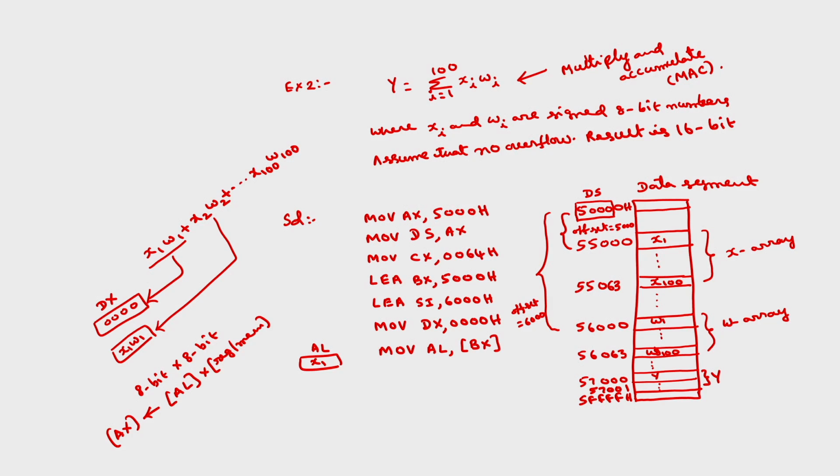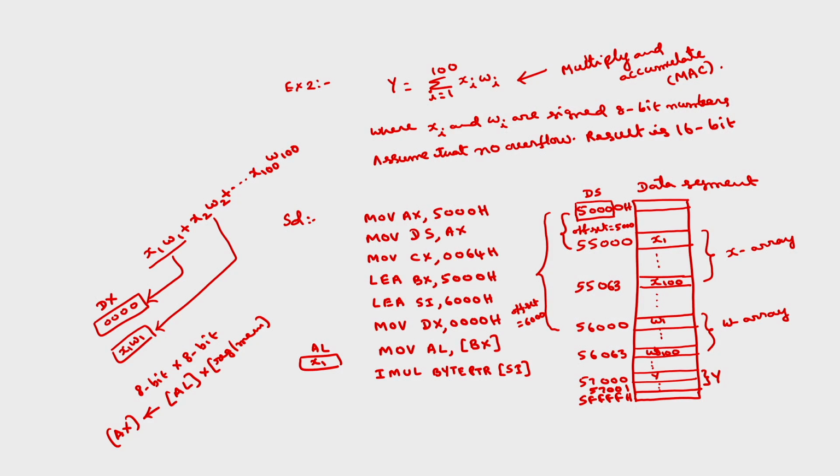Okay. So here I am going to multiply: IMUL byte PTR contents of SI. So what will be the operation in this particular instruction? This will multiply AL with this memory location.